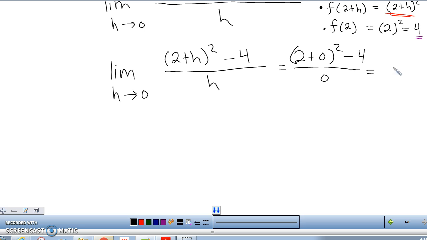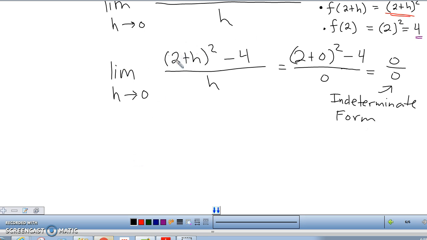Do the math. This is just 4 minus 4, 0 over 0. This is indeterminate form. So what can we do here?